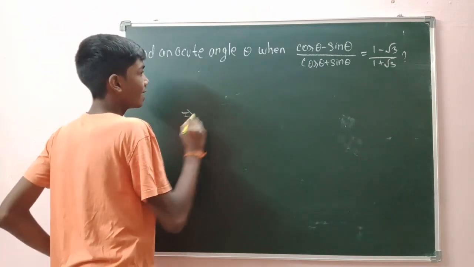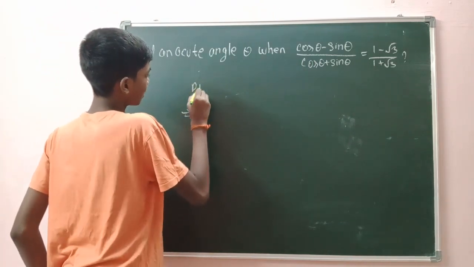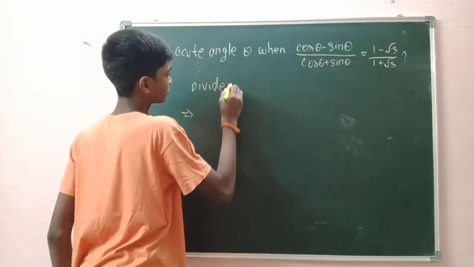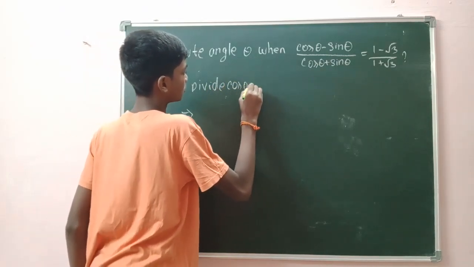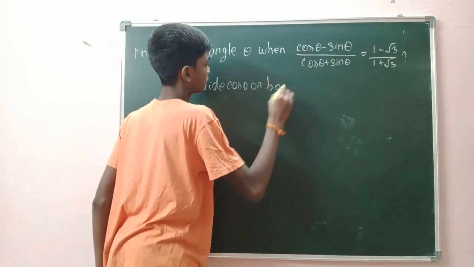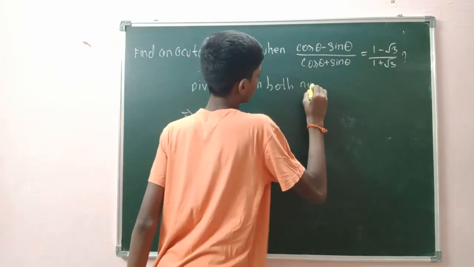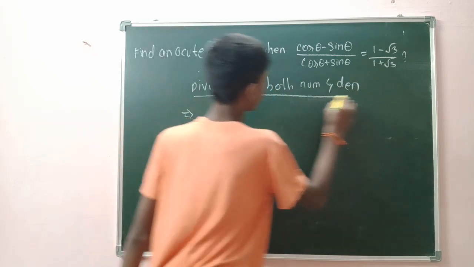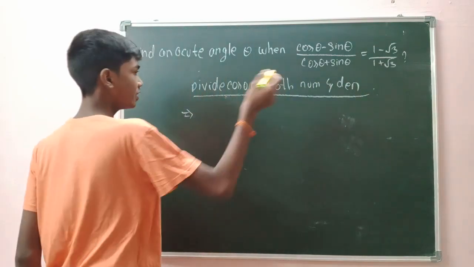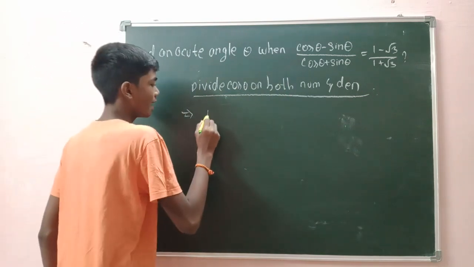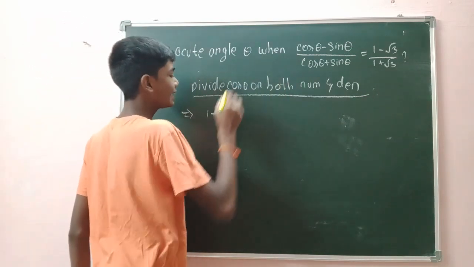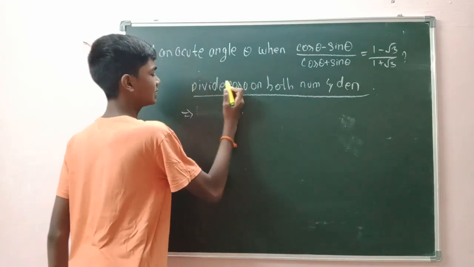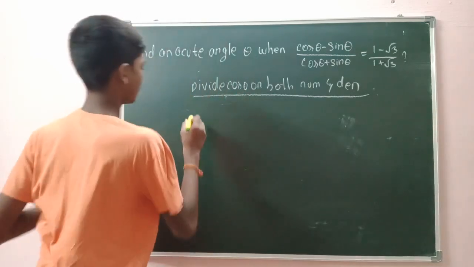So when I divide, I will write here. Okay, so this is what I am doing. Therefore, when I divide by cos theta on both numerator and denominator, I will get 1 minus sin theta by cos theta, which will be tan theta.